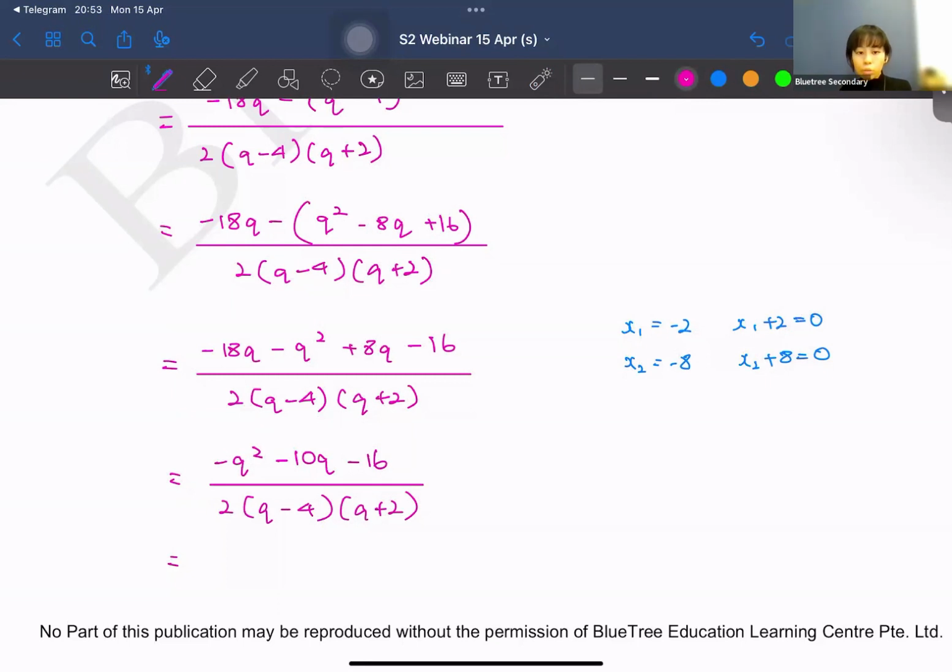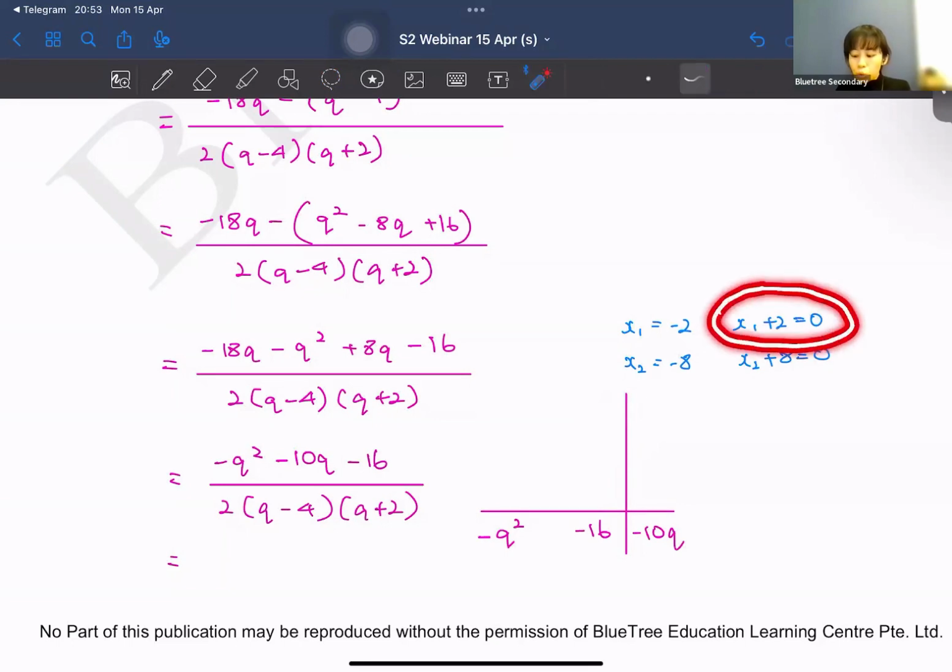To factorize your numerator, you can either use your identities or your cross factorization. Since I haven't shown you all the cross factorization, I'm going to use cross factorization to factorize my numerator. I already got a hint from the calculator that I need to create a q plus 2 as one of the factors. So using that hint, I'll put a q and I'll put a plus 2 here.